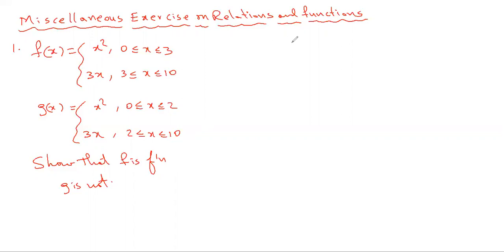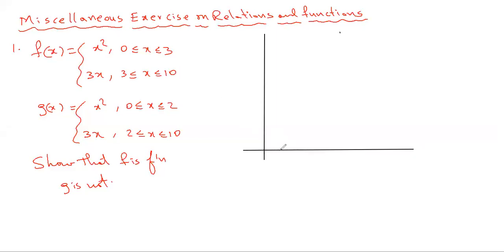So if you draw the graph of this function f of x between 0 to 10, we need the first quadrant highlighted, 0 to 10, and when x is equal to 10, you'll get 30. So you can take different scales on x-axis and y-axis to get a neat diagram.